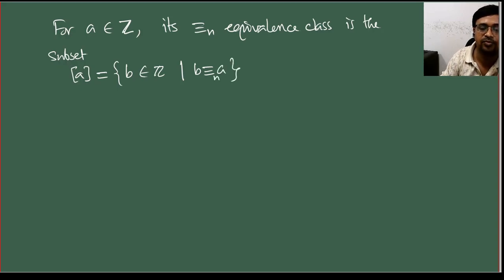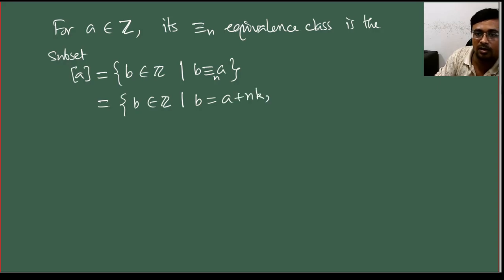That means b minus a is divisible by n. So this is nothing but the set of b belonging to Z such that b equal to a plus nk for some k in Z.